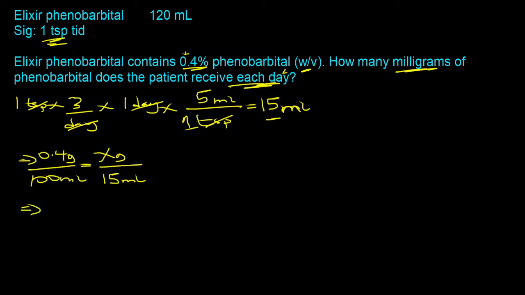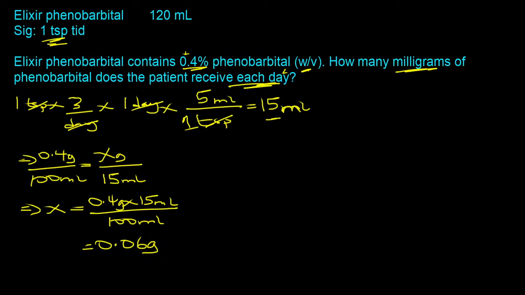So we go ahead and solve for x, which is our unknown. X is going to be equal to 0.4 grams times 15 milliliters divided by 100 milliliters. And this actually gives us 0.06 grams.